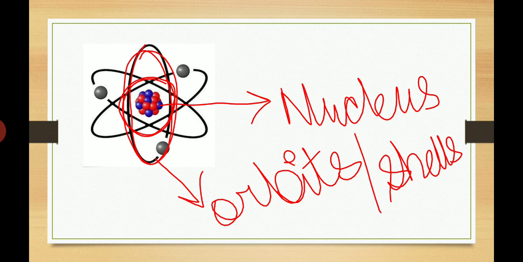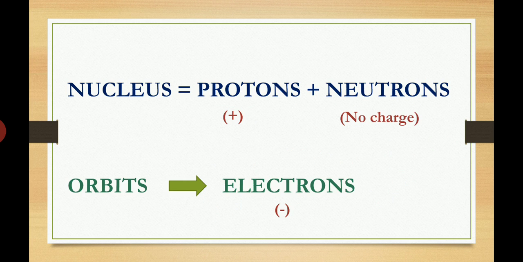Now see, in the nucleus, protons and neutrons are present, and in the orbits, electrons are present. Protons are positively charged particles and neutrons have no charge. Whereas electrons that are present in the orbits have a negative charge.